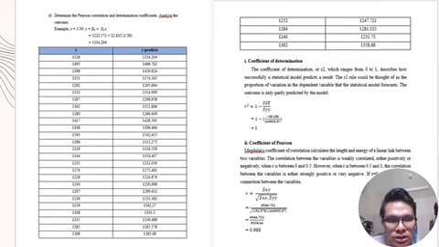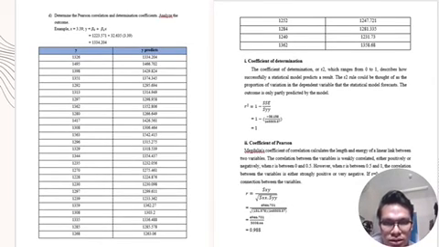Okay, the coefficient of determination, or R2, ranges from 0 to 1. It describes how successfully a statistical model predicts a result. The R2 could be thought of as the proportion of variation in the dependent variable that the statistical model forecasts. The outcome is only partly predicted by the model.